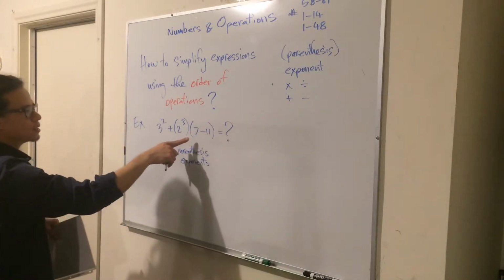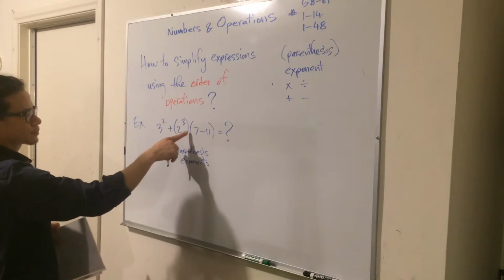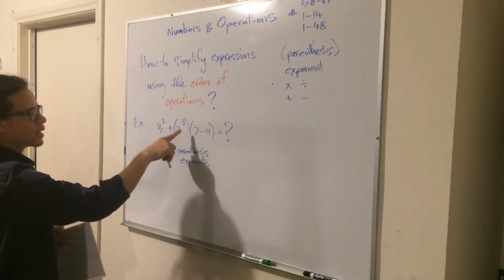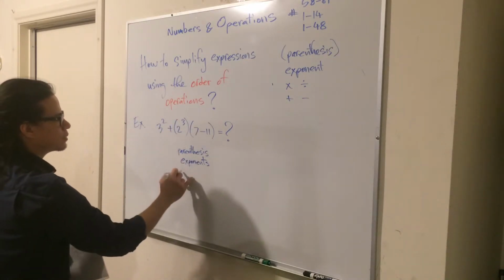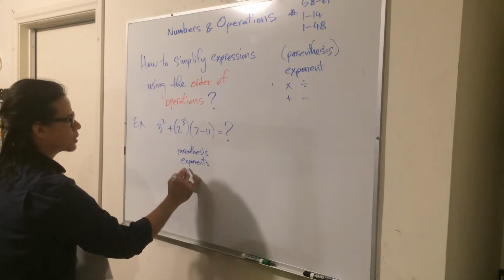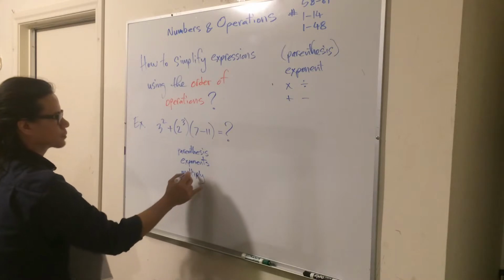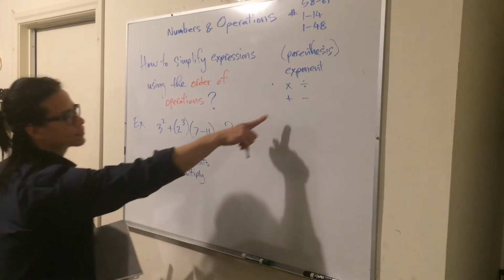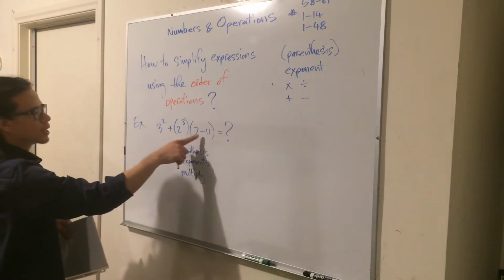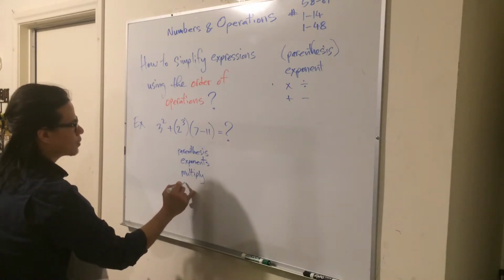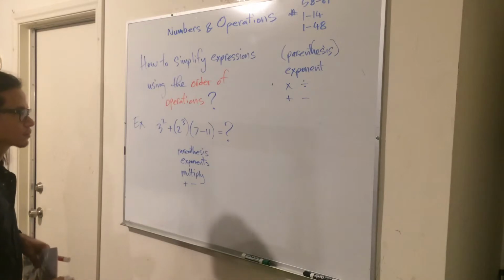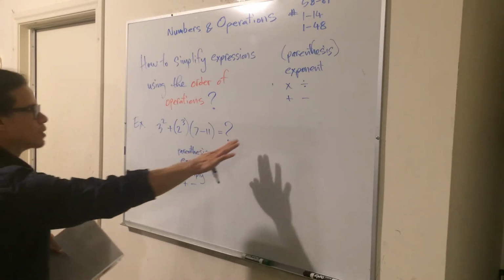Check for multiplication and division. Two parentheses side by side means multiply, so there is going to be multiplication involved. No division. Check for addition and subtraction. There are. So we're going to definitely be adding and subtracting. Okay, so let's hit the road here.